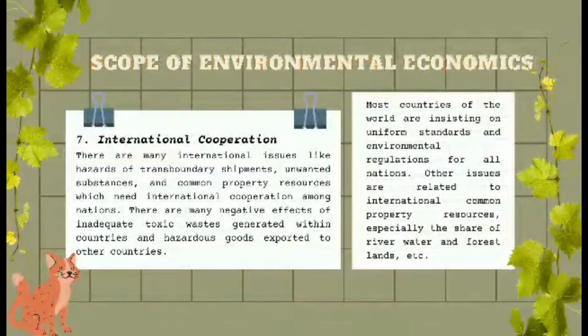The seventh one is international cooperation. There are many international issues like hazard of transboundary shipments, unwanted substances, and common property resources, which need international cooperation among nations. There are many negative effects of inadequate toxic wastes generated within the countries and hazardous goods exported to the other country.